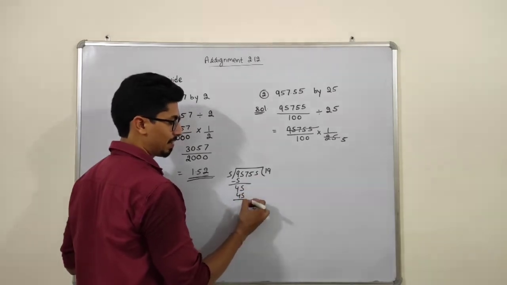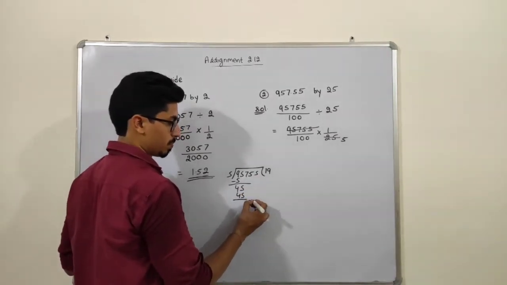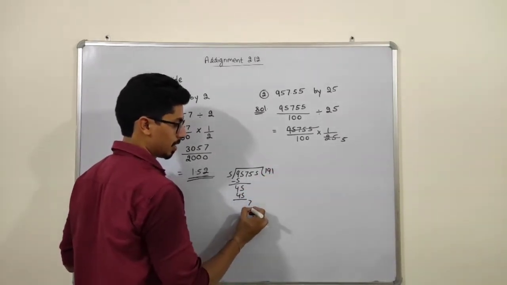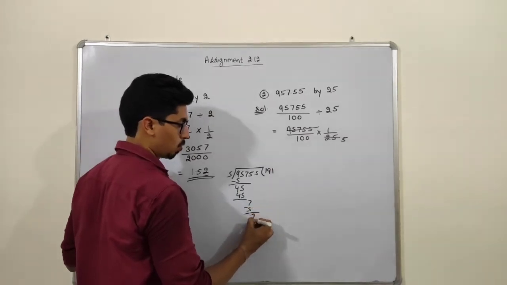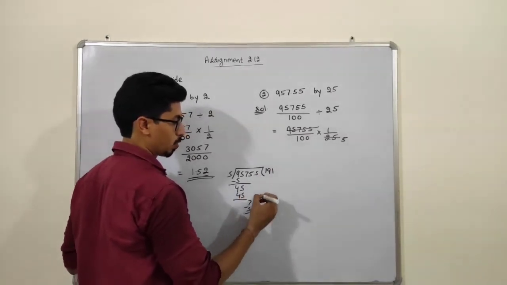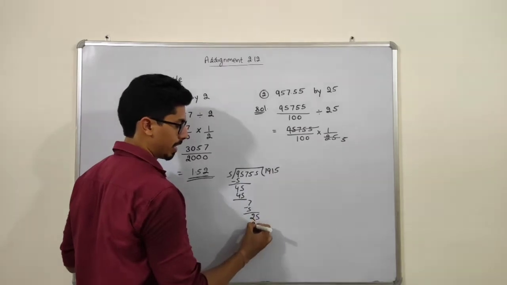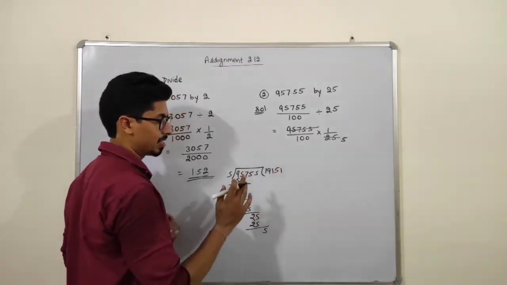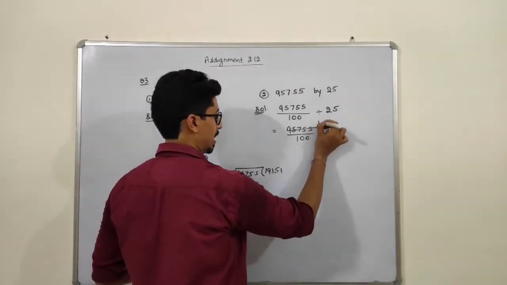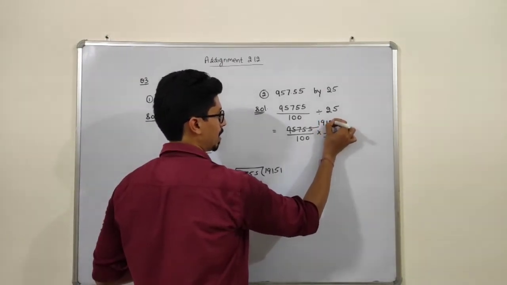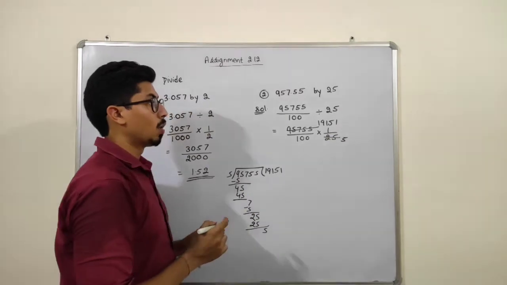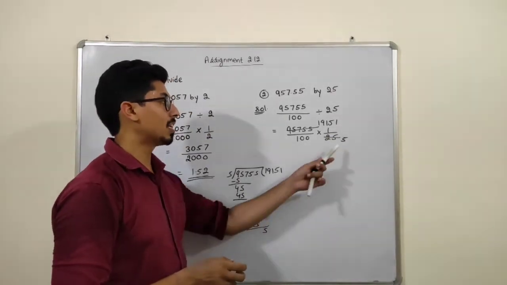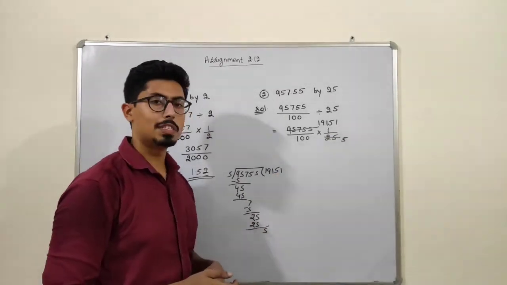If I take 7 now, it will be 1, remainder will be 2, this 5, so 5 5s are 25. Now we have 5, so 5 ones are 5 and it is divisible. So we have 19151.